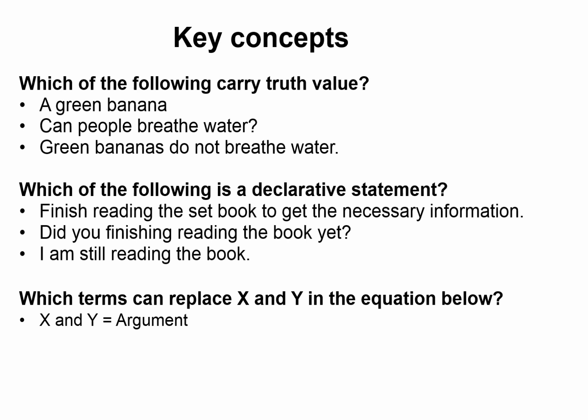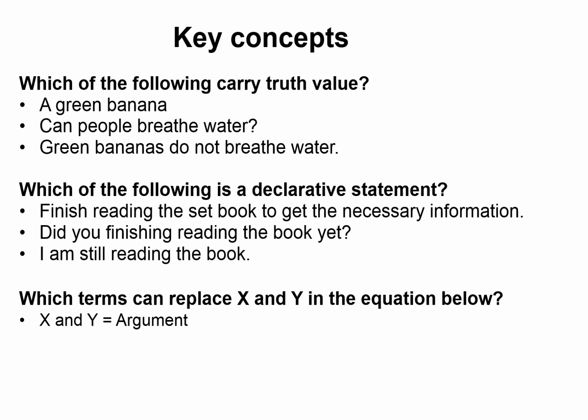Declarative statements need a subject, green bananas, a verb, do not breathe. So when you've got a declarative statement which has got a subject and something that's not the subject, the predicate part, then we can assign it a value, and the value can either be true or false. So when we talk about something as truth value, it means it's possible to assign it a value of either true or false.